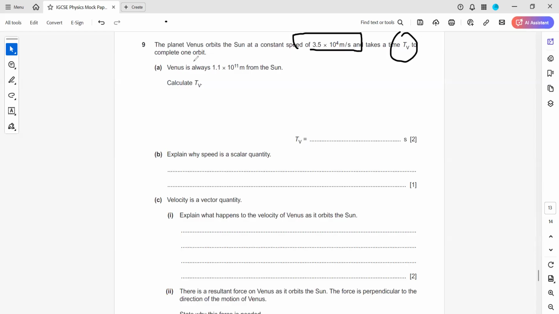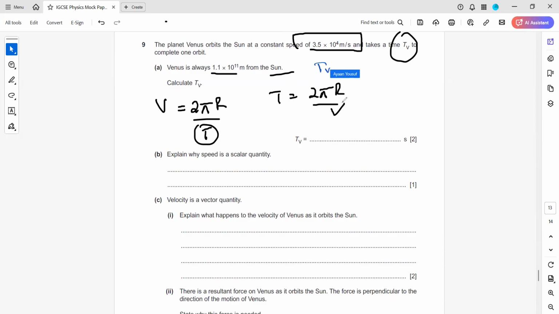The planet Venus orbits the sun at a constant speed, 3.4 × 10^4, and takes time TV to complete one orbit. Venus is always 1.1 × 10^11 meters from the sun. Calculate TV. So we need the time. The orbital speed is equal to 2πr divided by t. If I need the time for Venus, it will be 2πr divided by v.